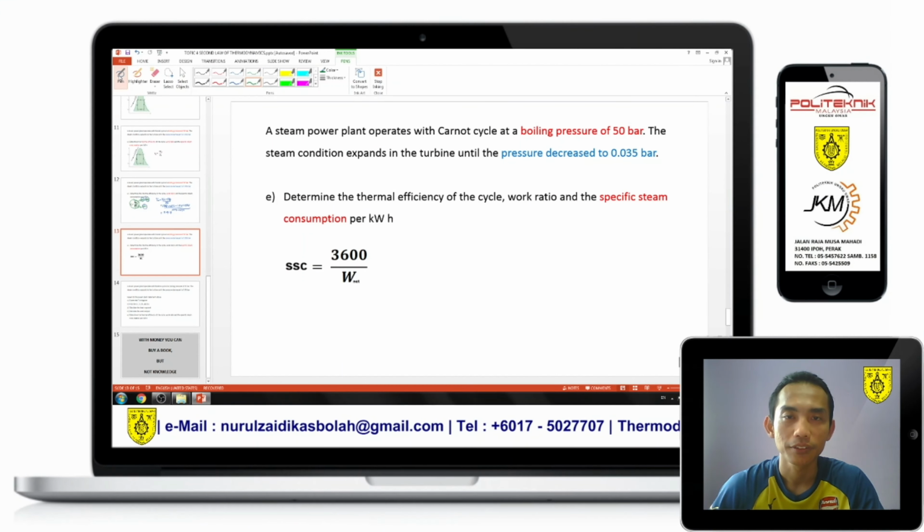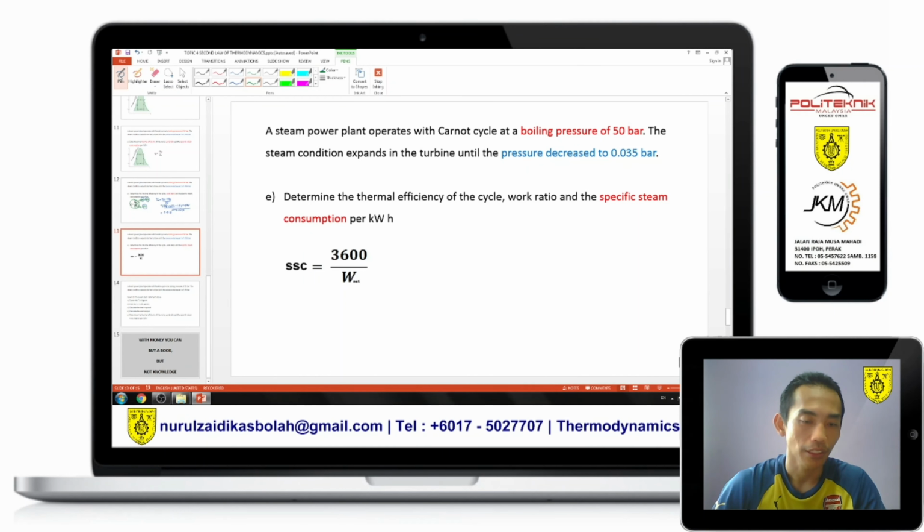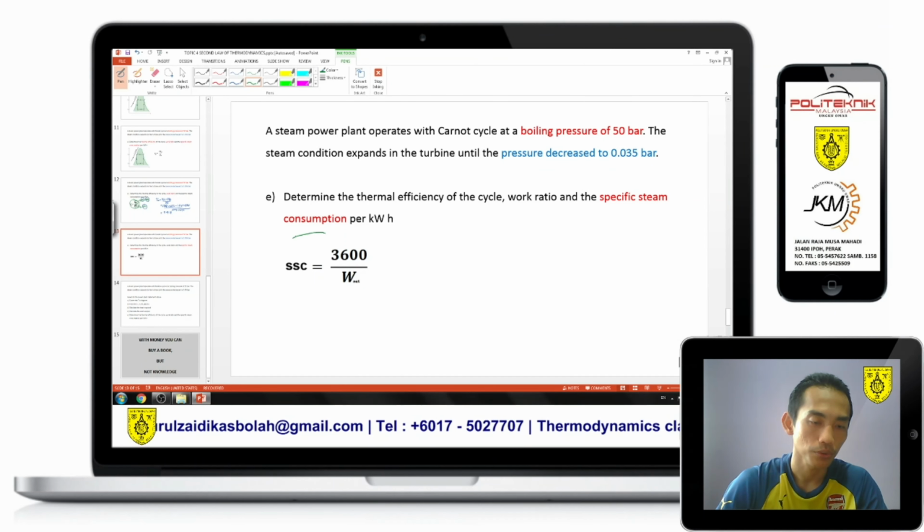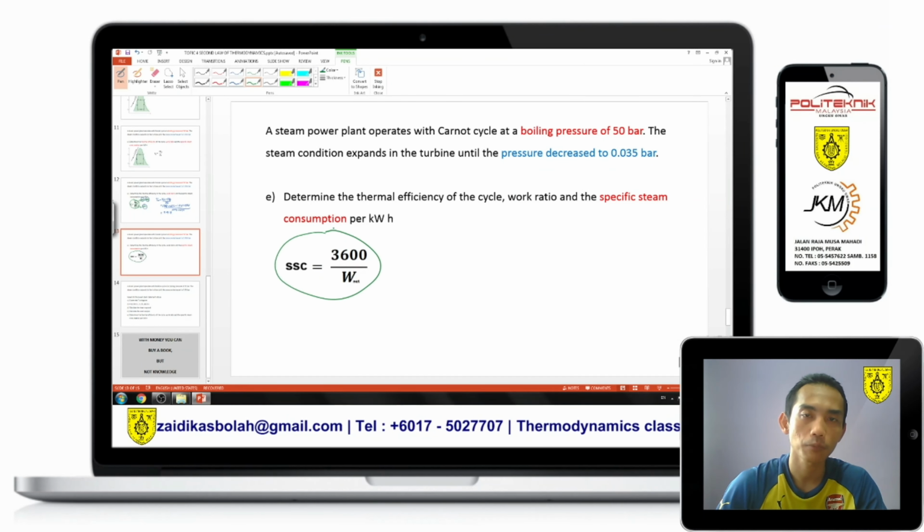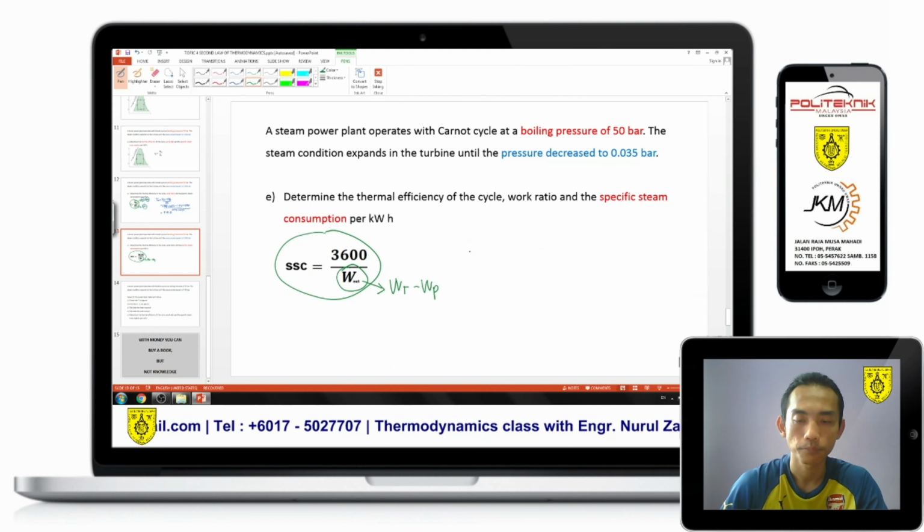Last question. How to determine the specific steam consumption? As you know, specific steam consumption equals 3600 divided by W net, where W net equals turbine minus pump.